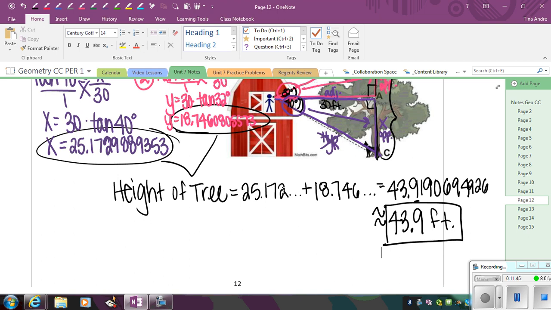If for some reason this was a situation and there wasn't an angle involved, but you knew two sides, you're trying to find a third, you could use Pythagorean theorem. This method could still apply there. So just keep an eye out for right triangles that you could use SOHCAHTOA or Pythagorean theorem on to be able to find some more complex lengths or distances of unknown objects. So get your key ideas down, try the practice problems, and we will talk about those in class tomorrow.